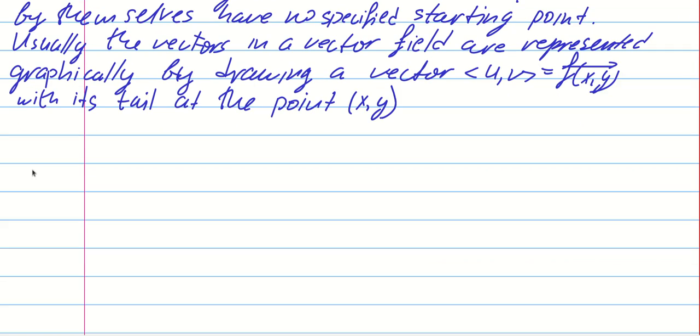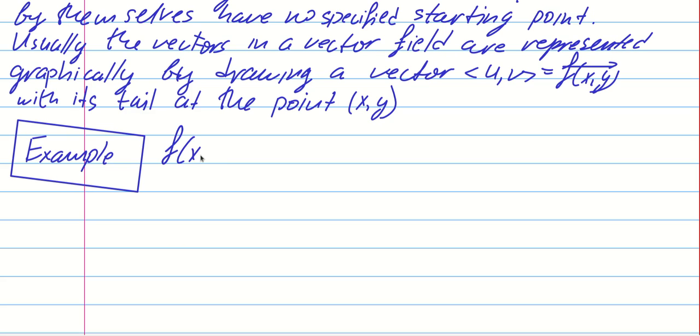So let's look at an example of how we can do that. For our example, let's take some vector field f of x, y that is given by x squared y, minus 2xy.